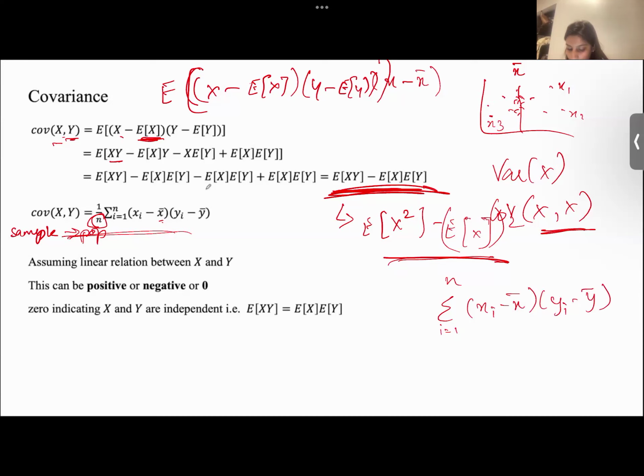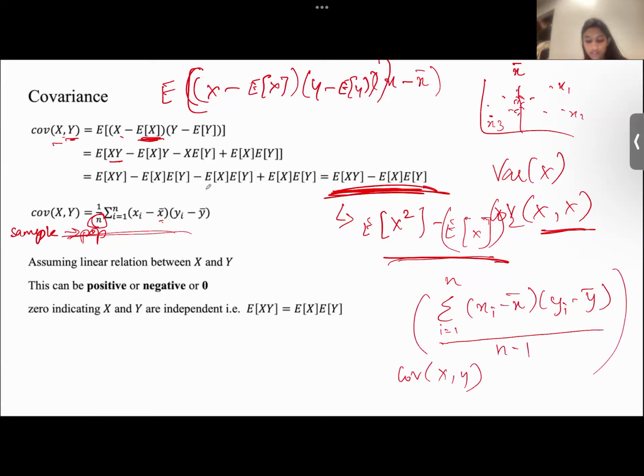It calculates this divided by n minus 1 observations. So when you do covariance of x, y in R, it'll give you some number, but that number is equal to this expression.